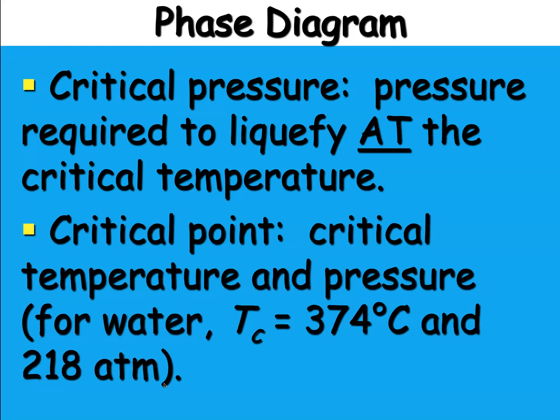For water, it's 374 degrees and I think some change, which equates to 218 atmospheres of pressure. So the minute you get to 375 degrees Celsius, you can turn the pressure up to 8 billion and water will stay a vapor.